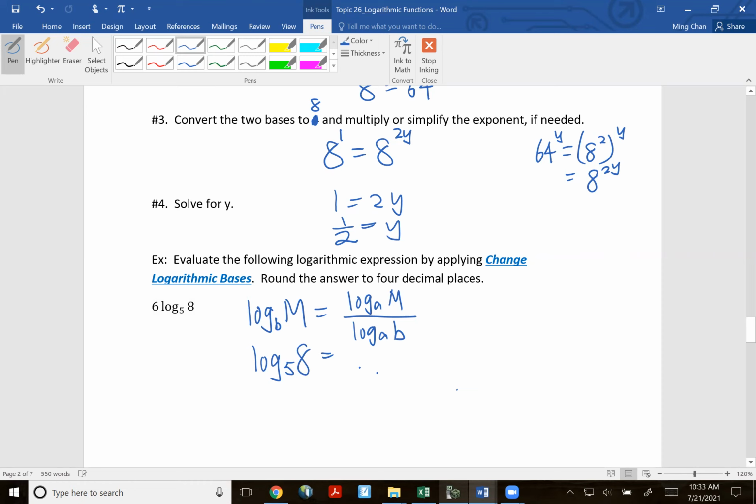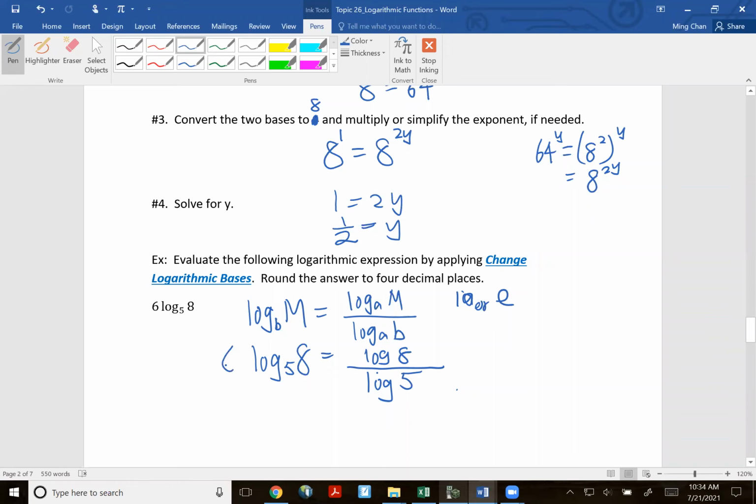The base a in my formula can be e or 10. But if I don't see e anywhere, I don't think about using base e. So I'm gonna use regular base 10. So log with the base 10 of m, okay? When I go to my calculator in a minute, when I press log, it's automatically base 10, over log with the base 10 of b, b is 5.